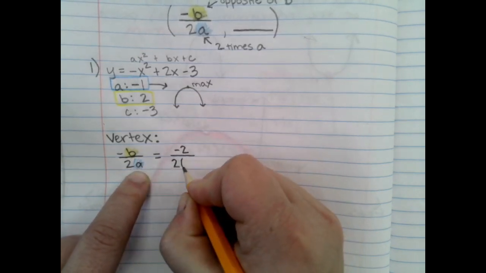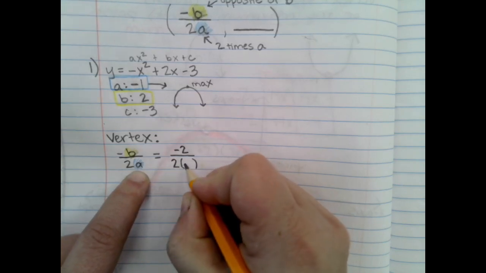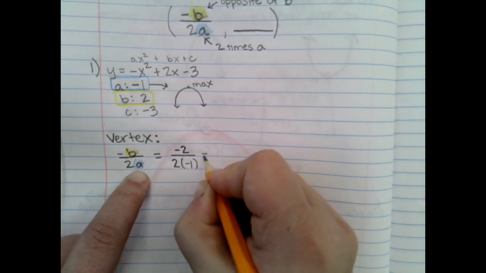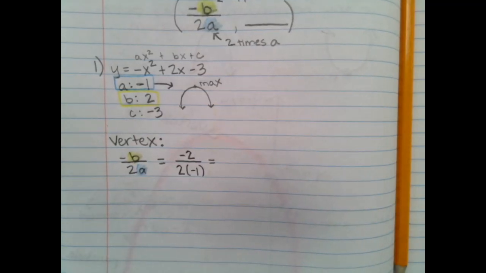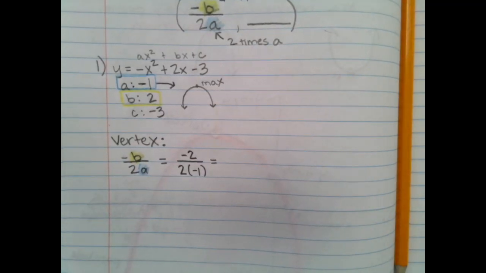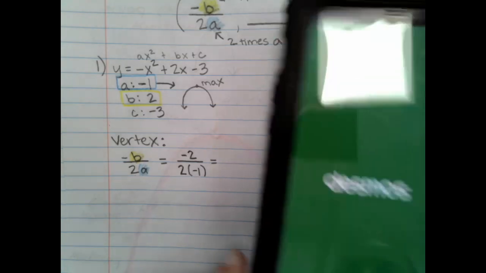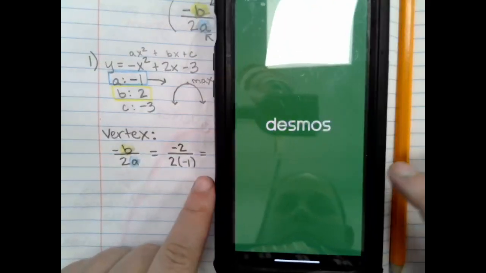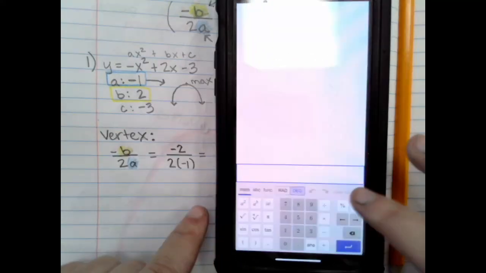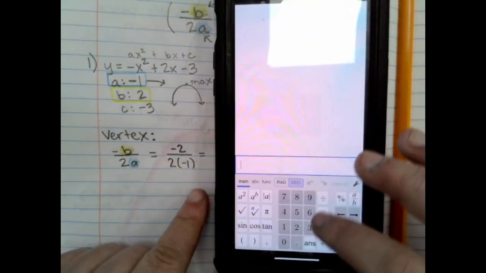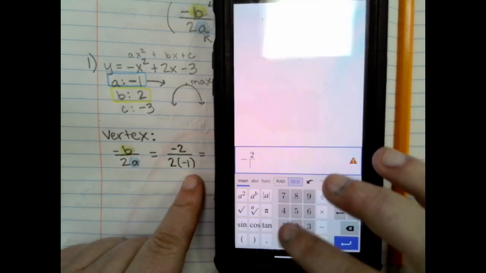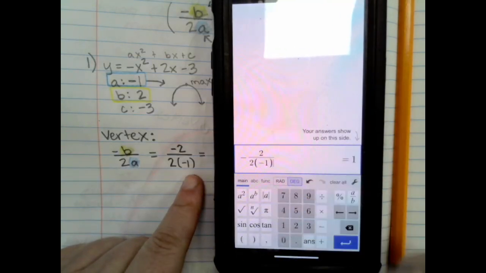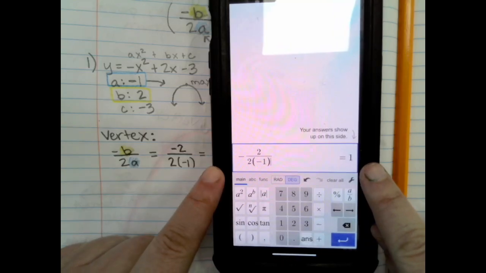And then in parentheses, what is our a? Negative 1. Okay, then you could simplify this one step at a time. You could do that multiplying and then do dividing. Or if you're using Desmos, you could just type that all in at once. So negative 2 over, and then 2 parenthesis negative 1. And our answer is 1.